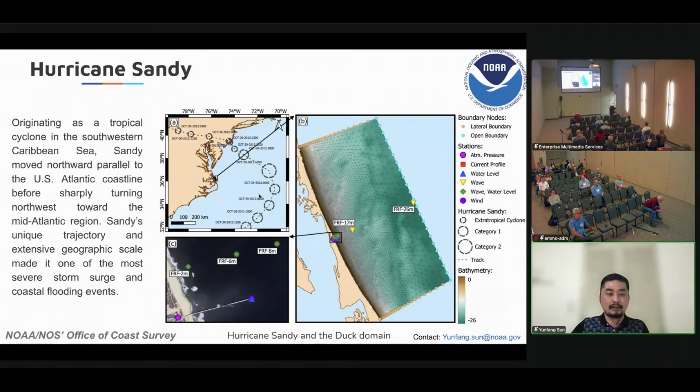Then it turned northwest towards the mid-Atlantic region. Because of this trajectory, it did great damage to the coastal region. Panel B shows our study domain and the grid system for both WaveWatch III and SCHISM.